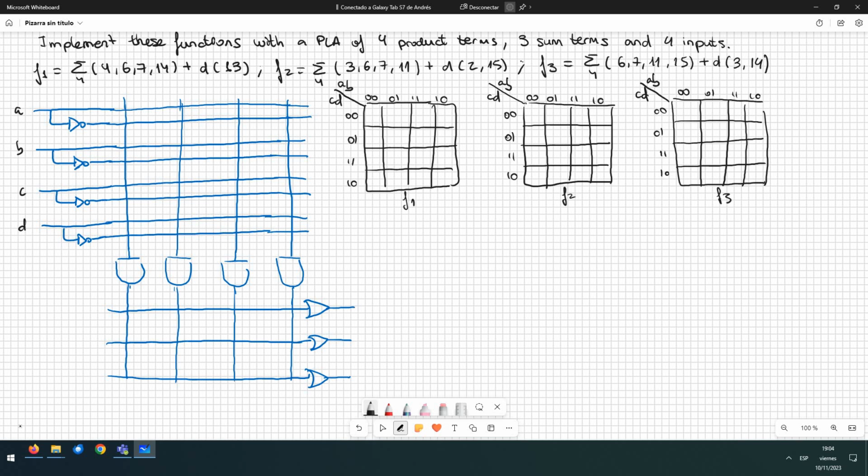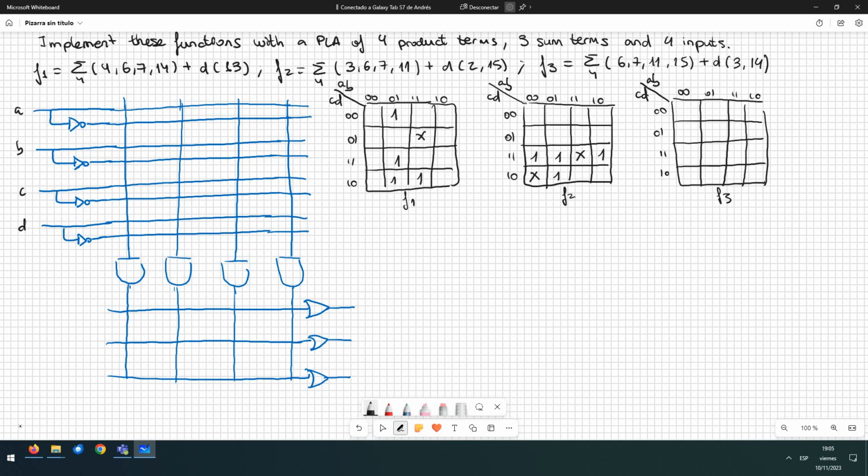In function 1 we have the 4, the 6, the 7, and the 14, and we have a don't care in the 13. In function 2 we have the 3, the 6, the 7, and the 11, and a don't care condition in the 2 and the 15.